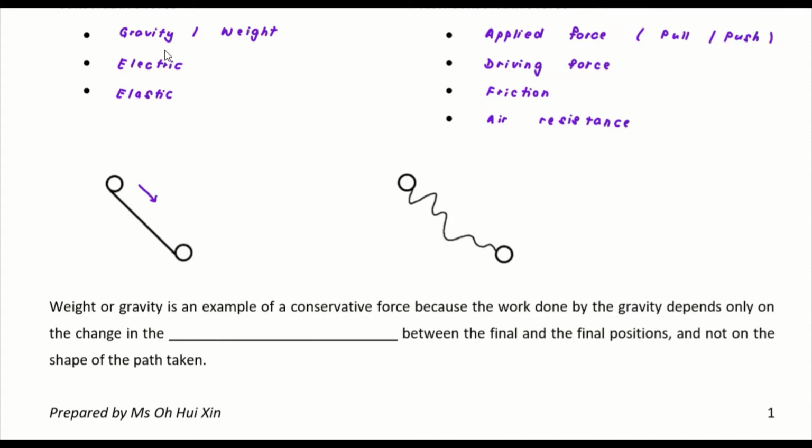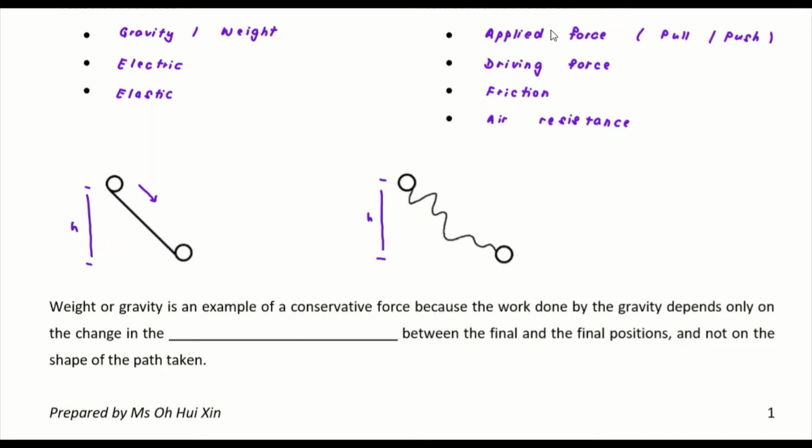But when we talk about gravity and weight, it's basically about the height. So it's the height that matters. No matter what the path is, as long as the height is the same, the work done by gravity will be the same.